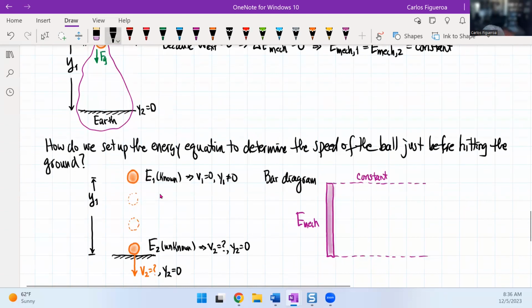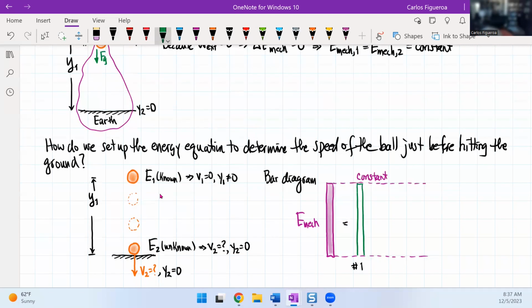So now I'm going to imagine that I have a state 1. If I look at state 1, all of this energy has to be in the form of gravitational potential energy, because the ball starts with 0 kinetic energy.